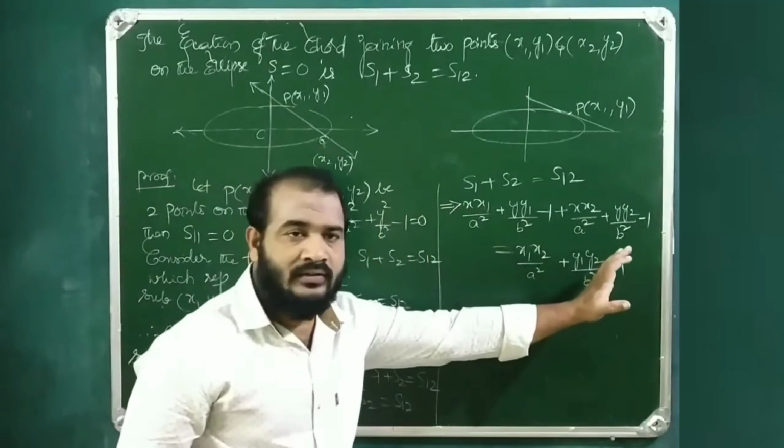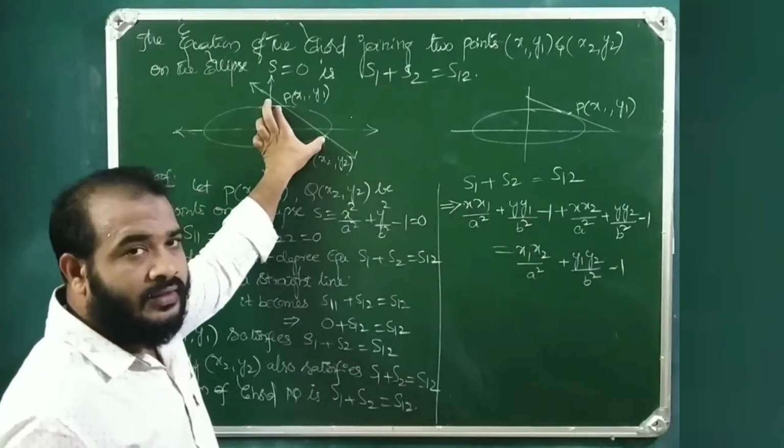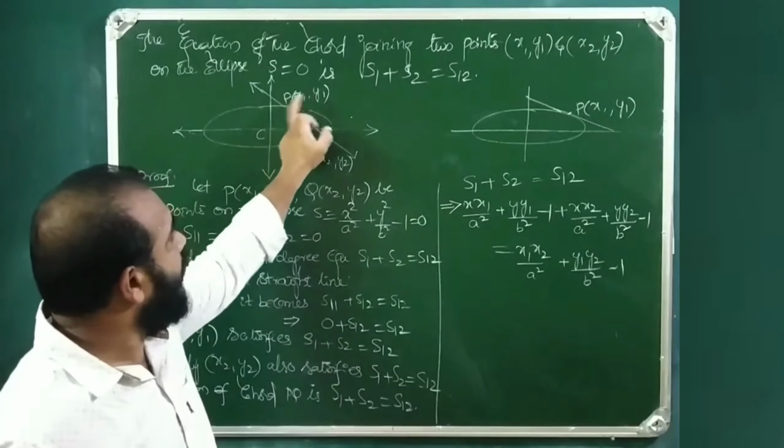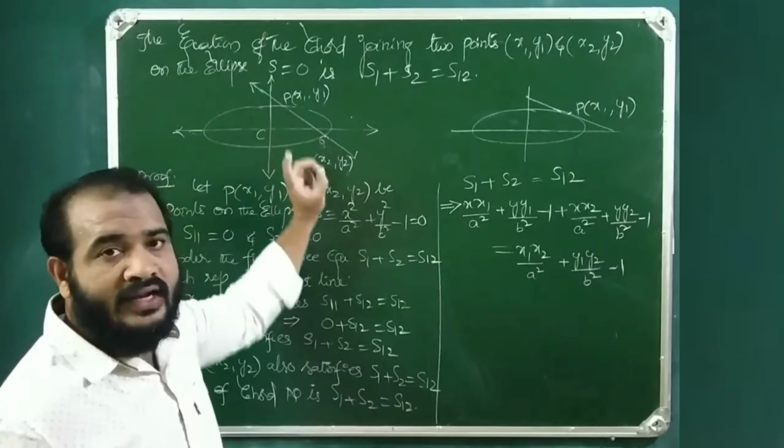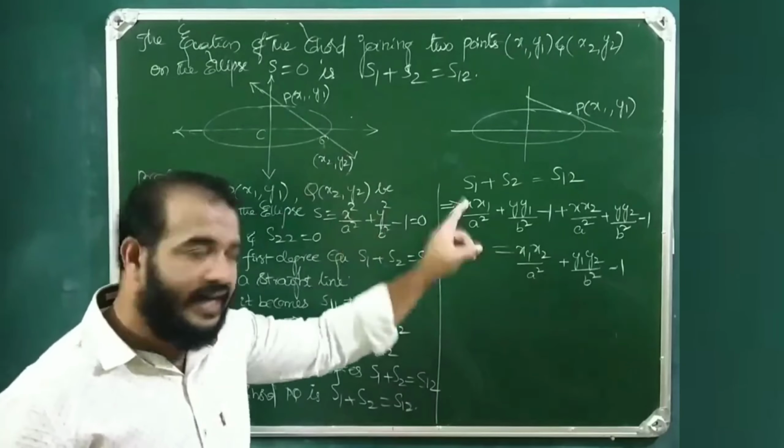Now this is the equation of this chord, but on this chord P(x1, y1) lies. Whenever a point lies on a straight line, the point has to satisfy the equation of the line.